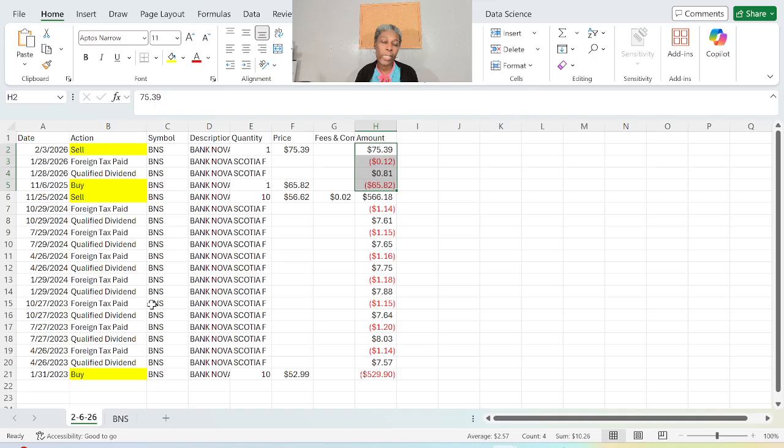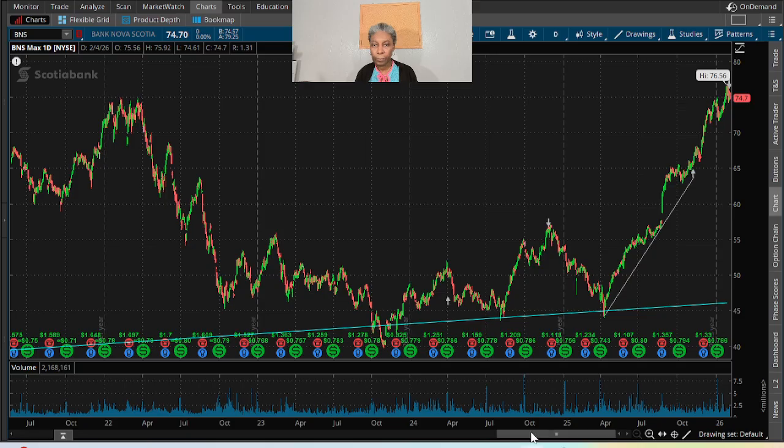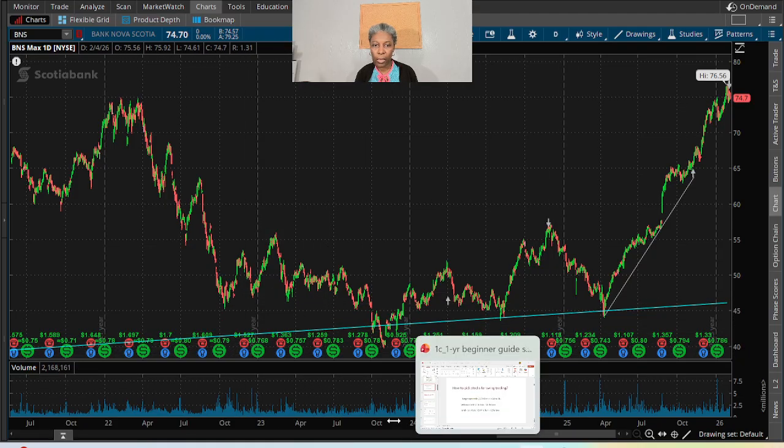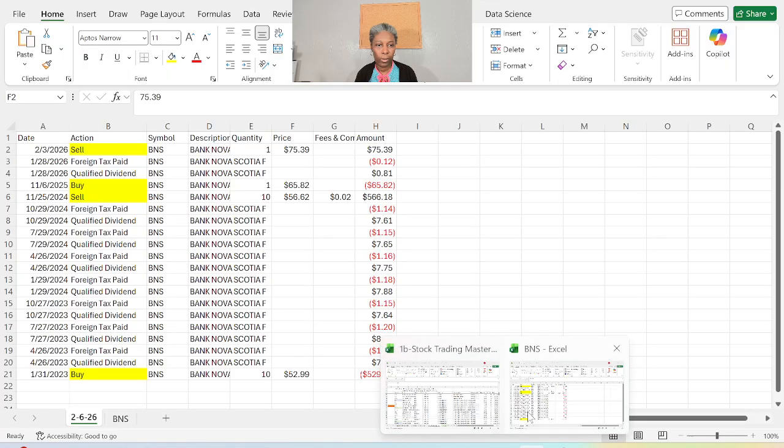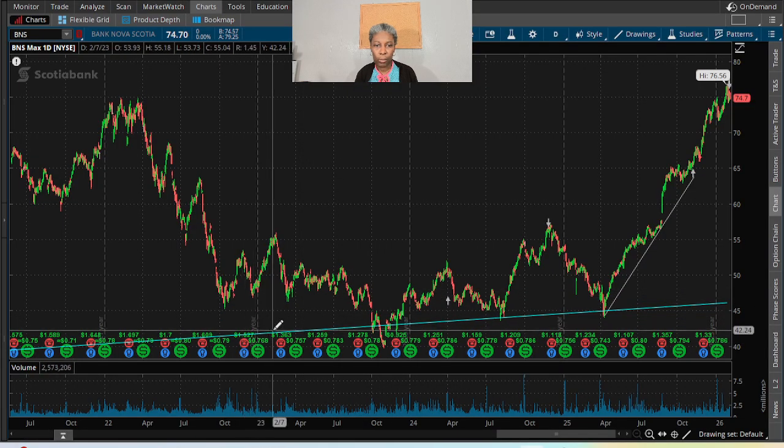And swing trading growth stocks, you can see that from 2023 at $52 or $53 to now $75. 2023 will be somewhere here, and we bought it January 31.